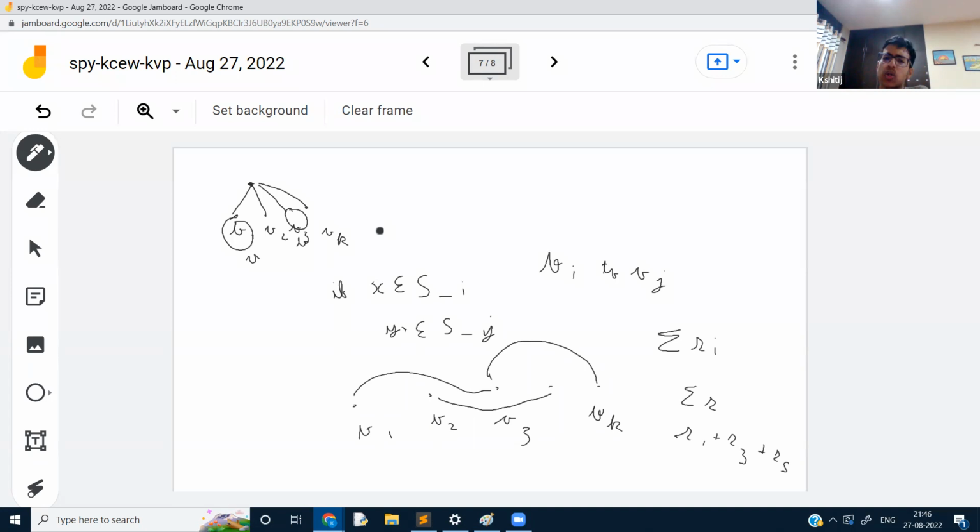Now, there are two cases. Like, let there be now P components.